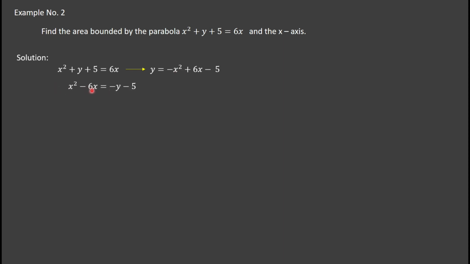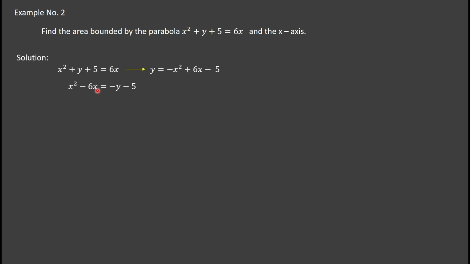So x squared minus 6x equals negative y minus 5. In this case, we need to complete the square in order to get the roots of x.